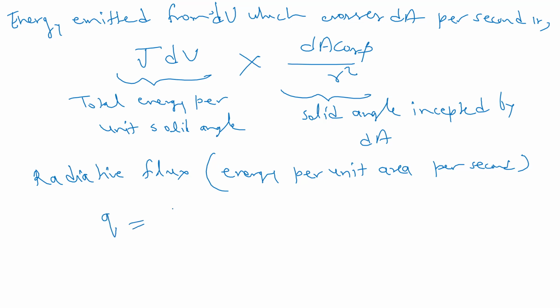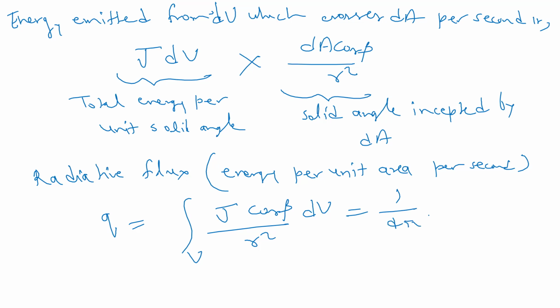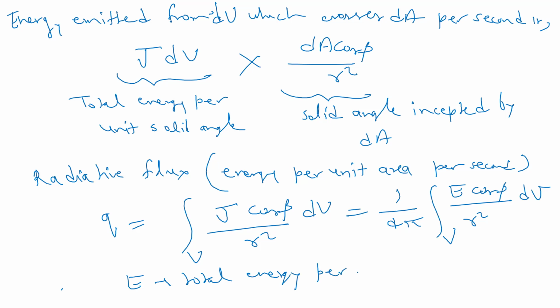So it will be equal to Q equal to integration J cos beta upon R square dV for control volume V, and it can be written equal to 1 upon 4 pi integration E cos theta upon R square dV, where E is nothing but the total energy per unit volume per second.